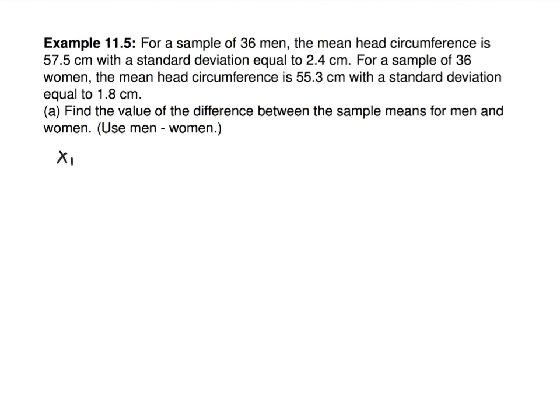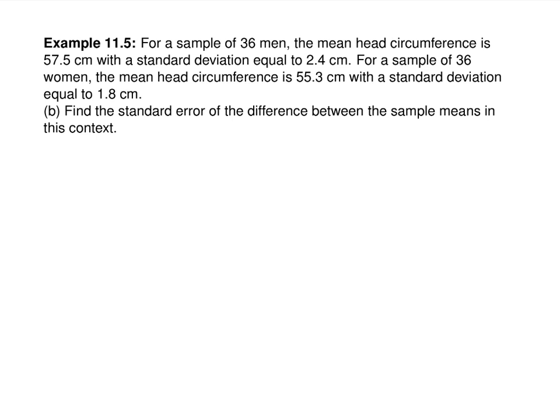So this is x1 bar minus x2 bar. So first sample mean minus second sample mean. So 57.5 minus 55.3 is 2.2. So according to the data that we have, men's heads are 2.2 centimeters bigger in circumference.